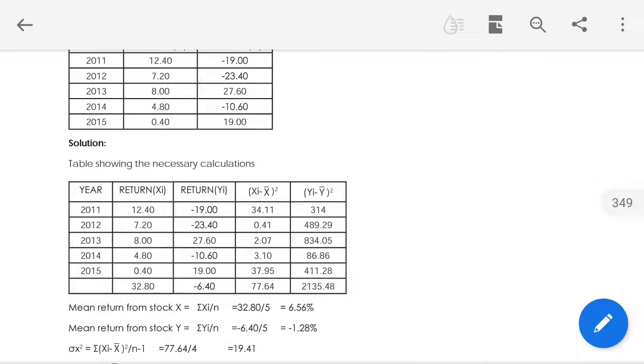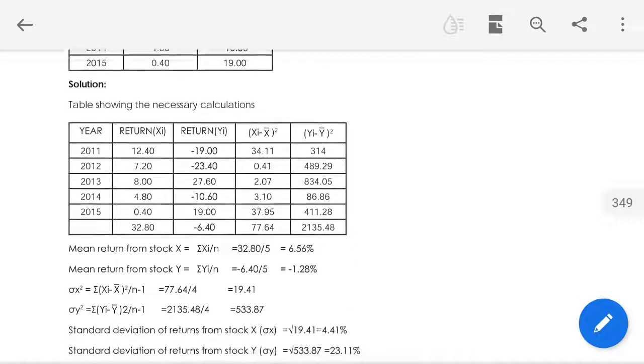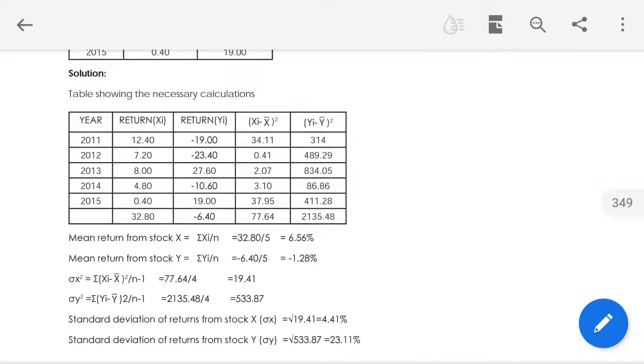Here, xi minus x mean whole square. This we are calculating for the calculation of variation and standard deviation. So xi minus mean x whole square can be calculated like this: 12.40 minus mean value of x 6.56.